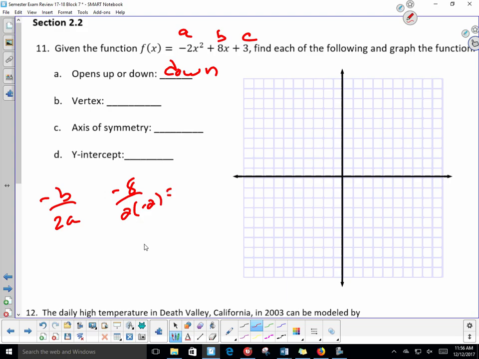Alec, go ahead. Yeah, -8 over -4, which reduces to 2. What part of the vertex? Okay, so it's the x-point of the vertex, so I know the x-point is 2. How would I go about finding my y? It's not C, sorry. C is up there, but plug it in. So I'm going to find f of 2. So I'm going to put 2 into the original equation.